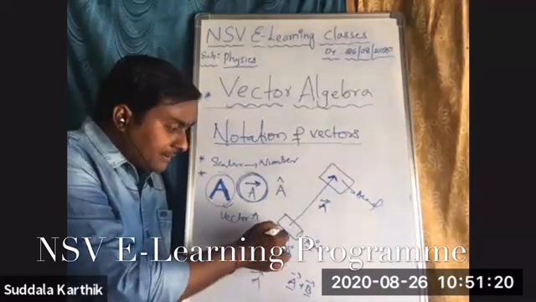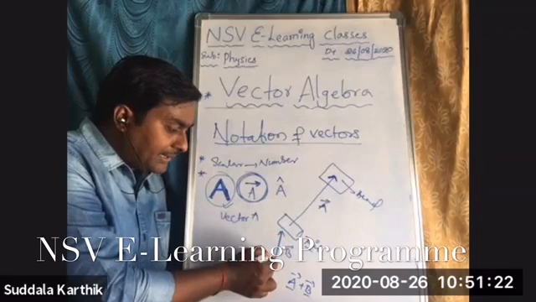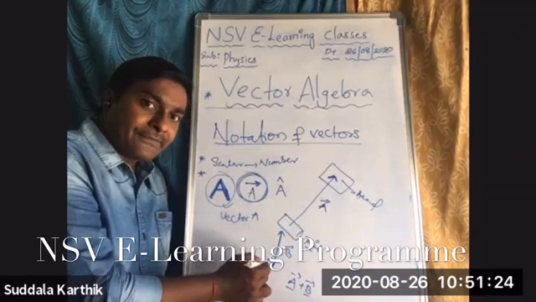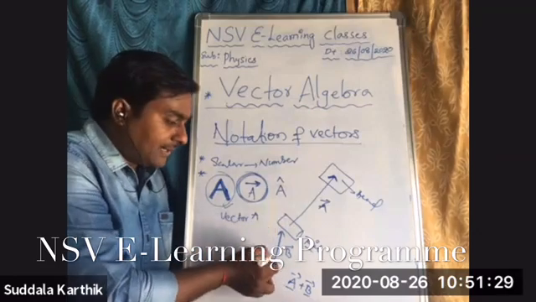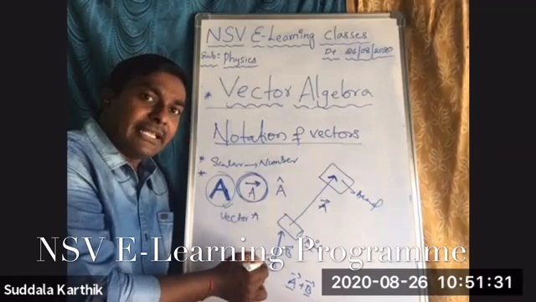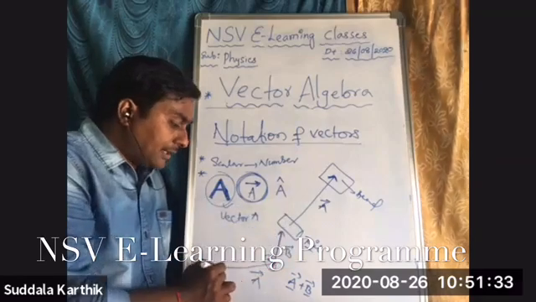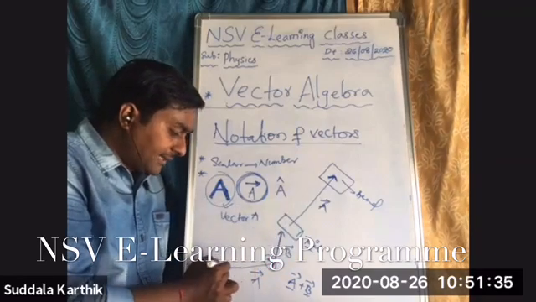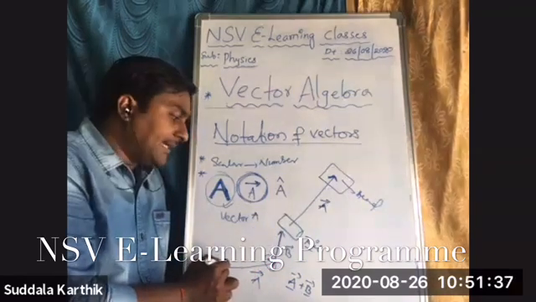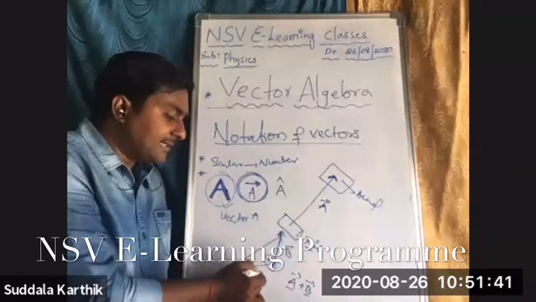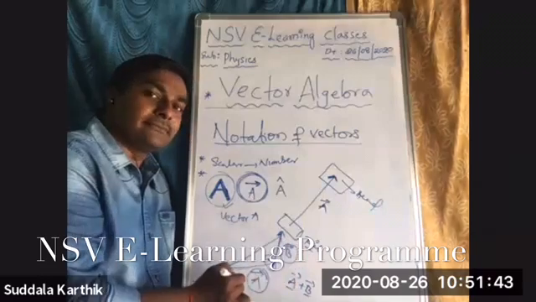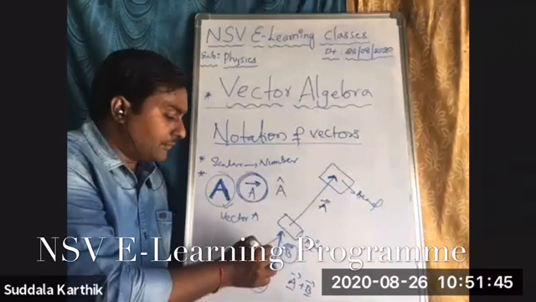The tail of the vector B is placed at the head of the vector A like this. And then if you join the tail of the first vector and the head of the second vector, this is the resultant of A bar and B bar, the resultant of these two vectors.